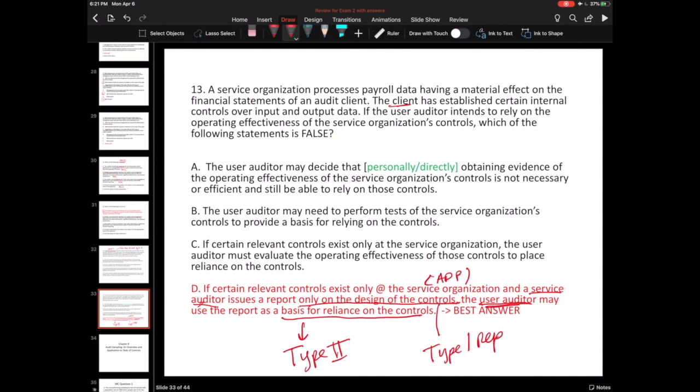Okay, so D is very obviously false when you read through. The main other option people generally get confused about is A.